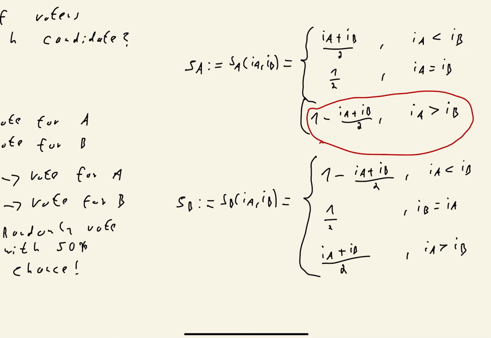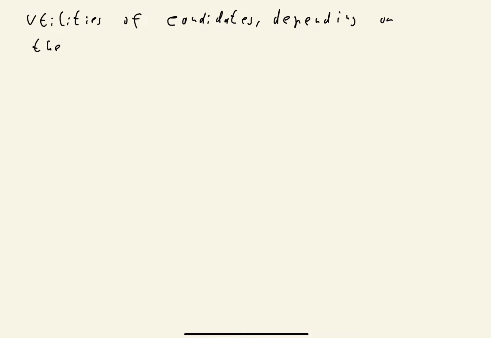So now we basically have everything that we need in order to write down the utilities of the candidates. So utilities of candidates depending on the chosen ideologies.